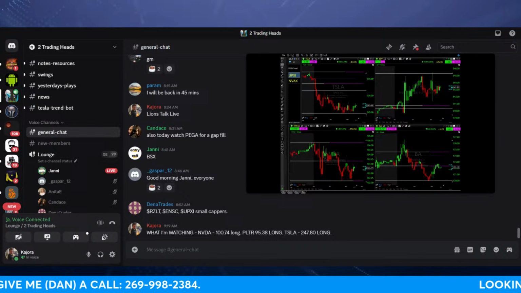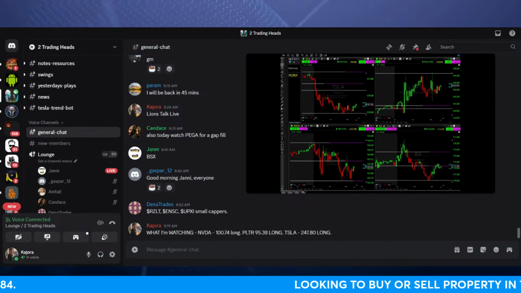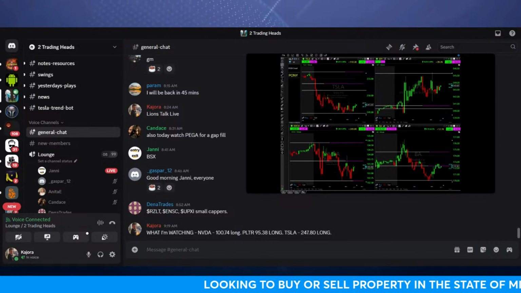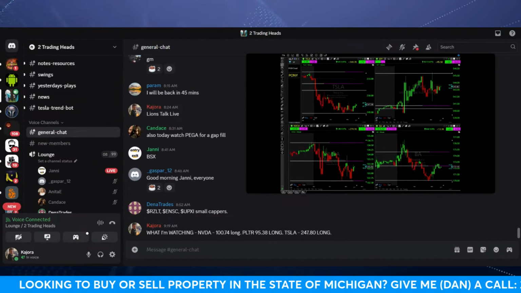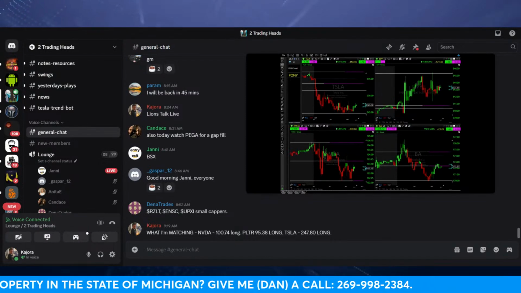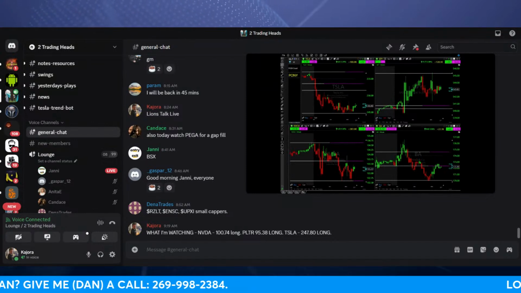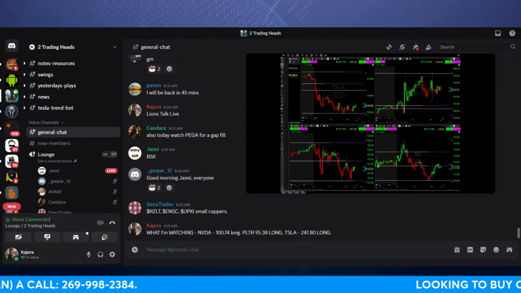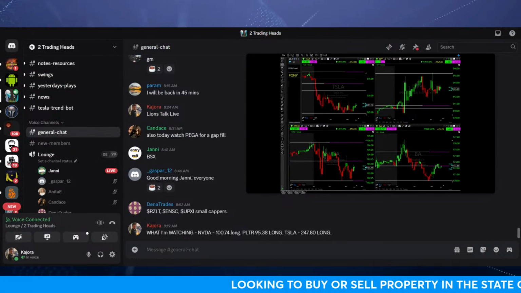All right, so the market is taking a little bit of a breather here, huh? Breathing exercise right now. It's catching its breath. Still want to see that SPY pull. Maybe we need to manhandle that SPY.